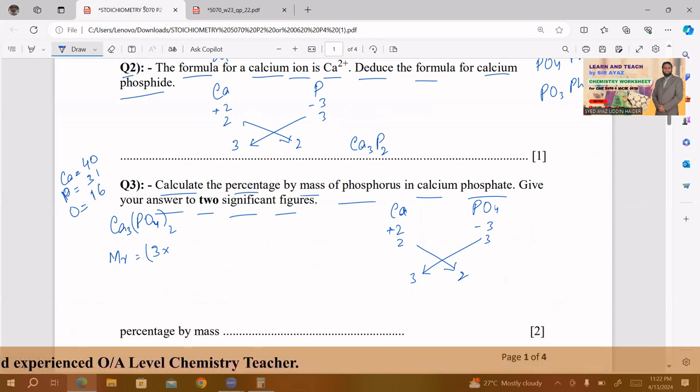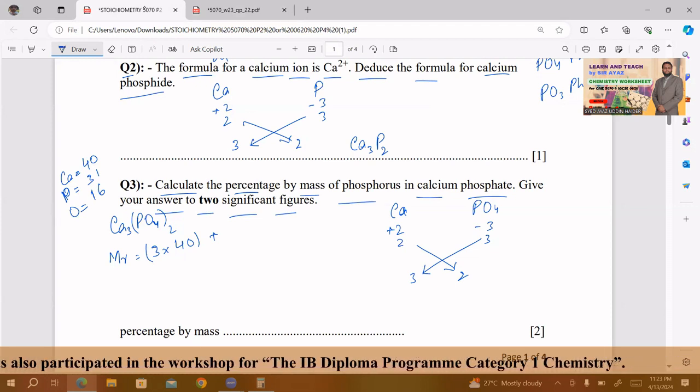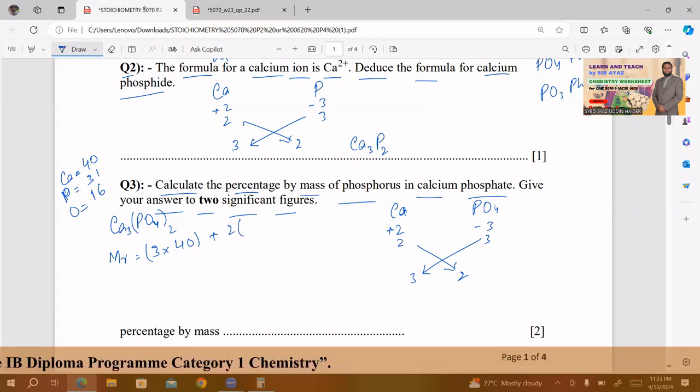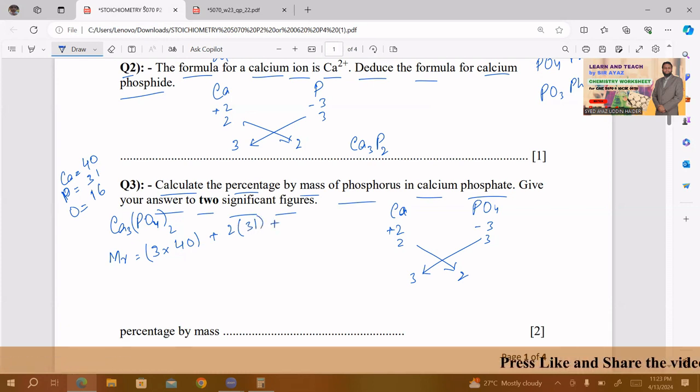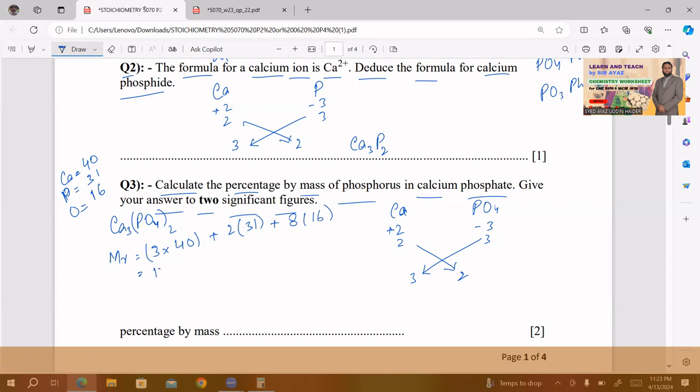So 3 multiplied by 40 for calcium plus how many phosphorus? 2 phosphorus is there because 2 is outside the bracket. So 2 multiplied by 31 plus 2 fours are 8. This is for oxygen. 8 will be multiplied by 16. 3 multiplied by 40, we'll get 120.